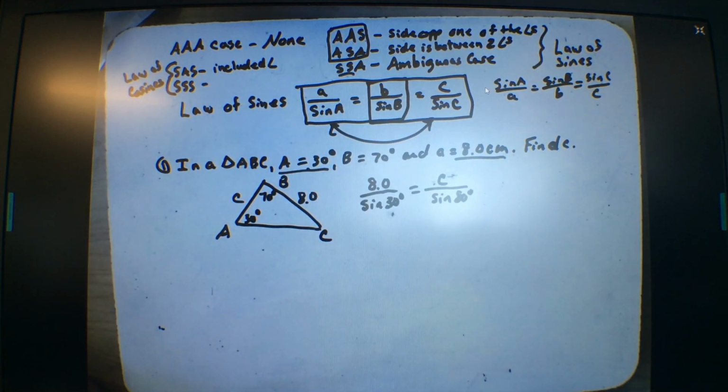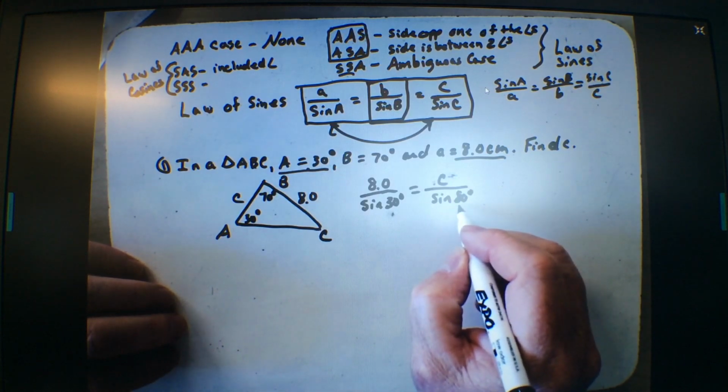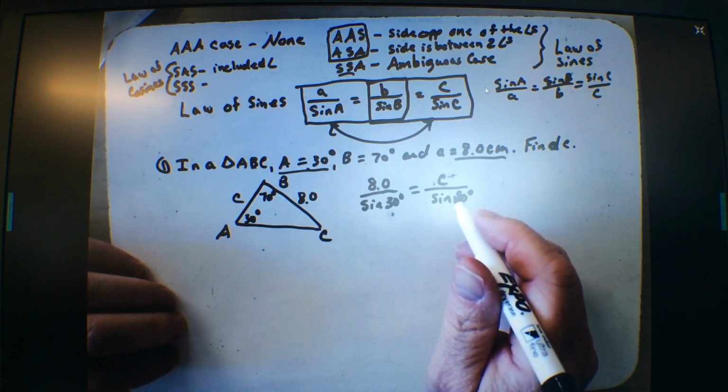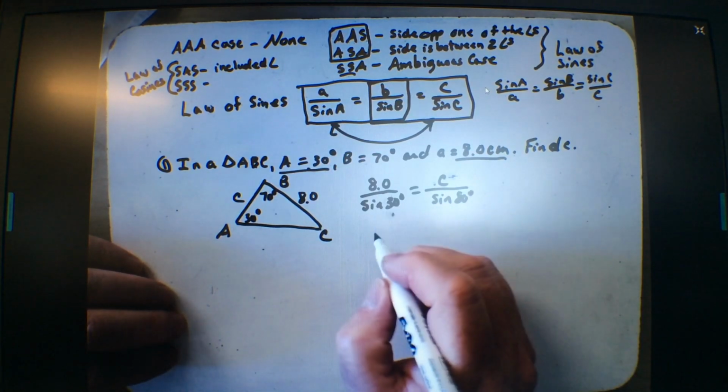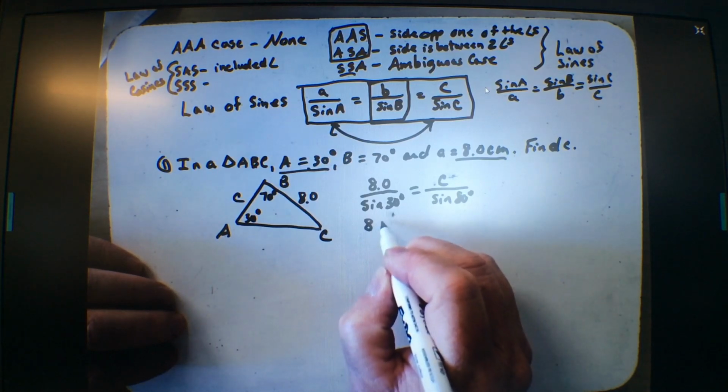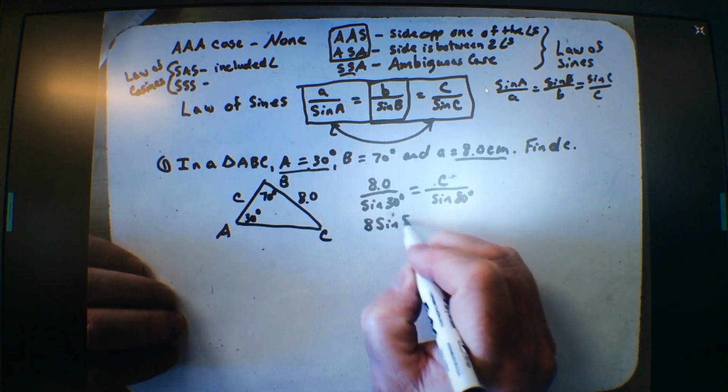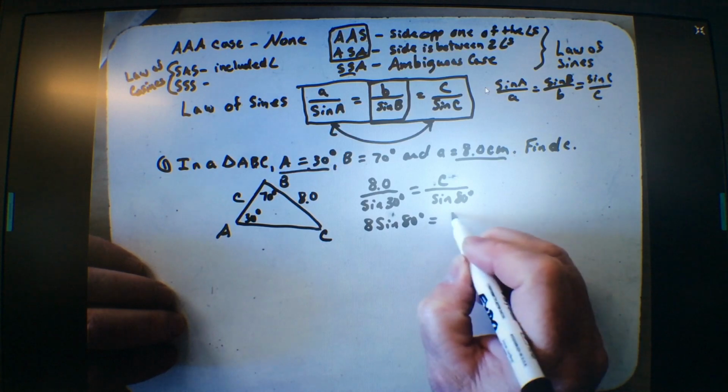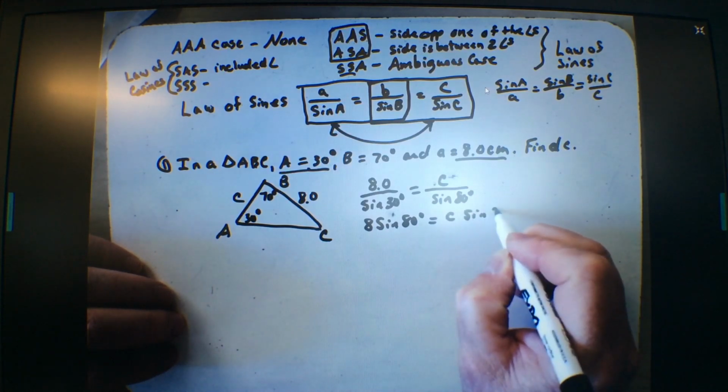Now listen, normally I wouldn't tell you to use a value that you found. But on these you have to, a lot of times. Try not to, but in this case you have no choice. The odds of you missing sine of 80 degrees with the calculator is pretty tough. All right. Now I just cross multiply. So I take 8 times the sine of 80 degrees equals c times the sine of 30 degrees.